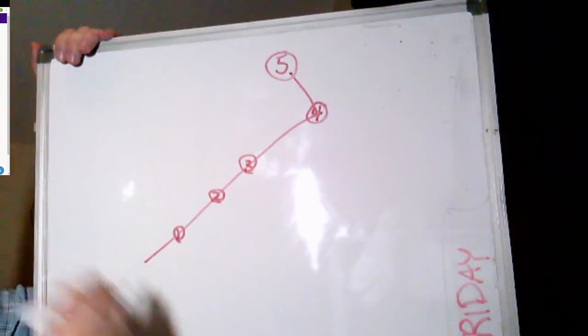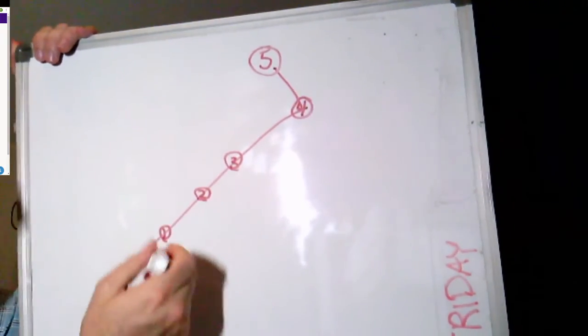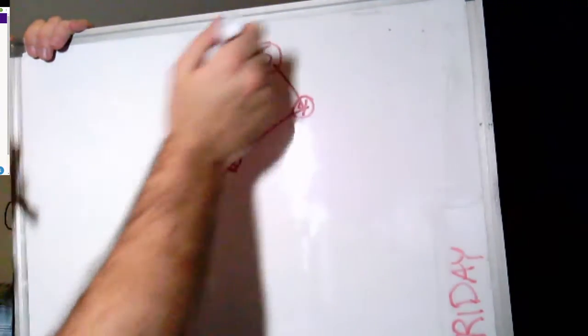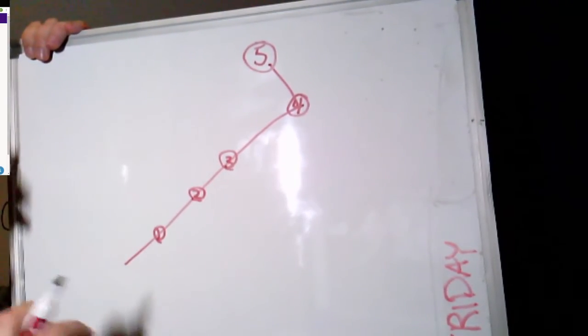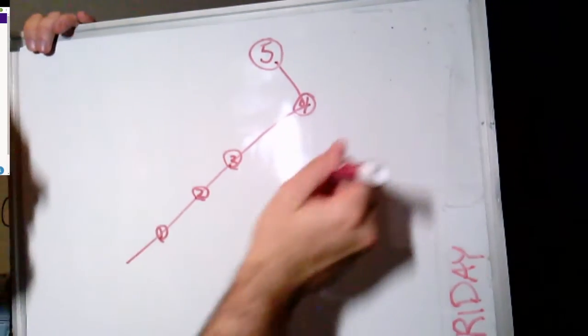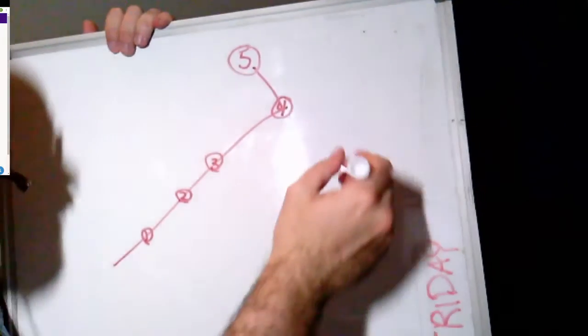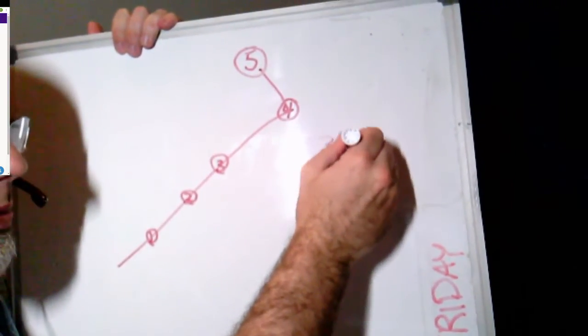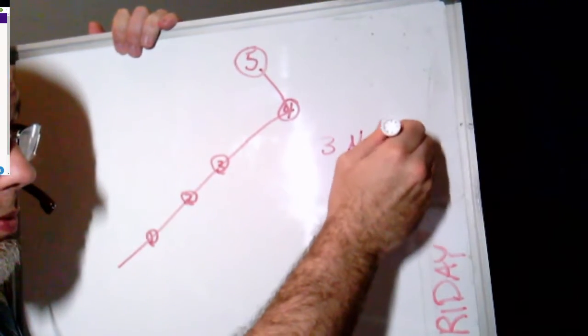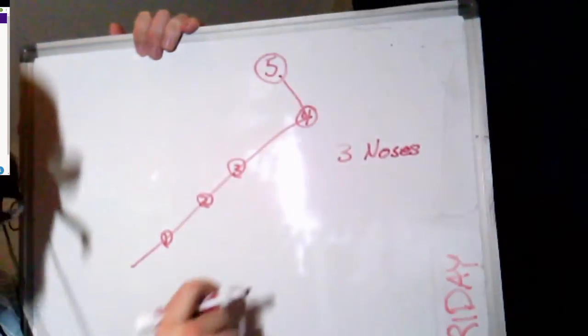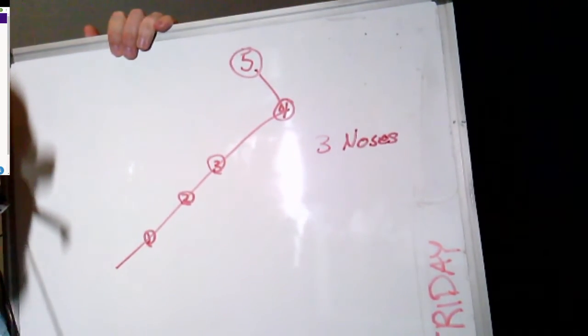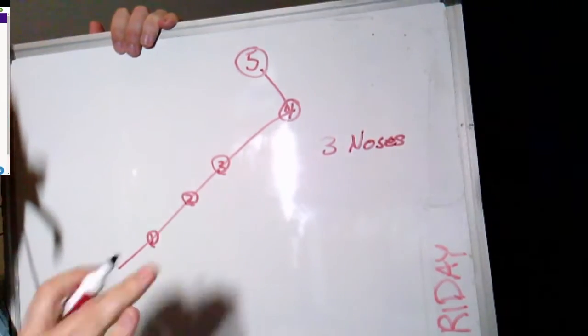Anyway, what we want to do is we want to make sure that we have one characteristic that follows all the way through and never changes. In this case, maybe we say something absolutely dumb like it has 3 noses. Right? So that would be our evidence that these are all related because they all have 3 noses.